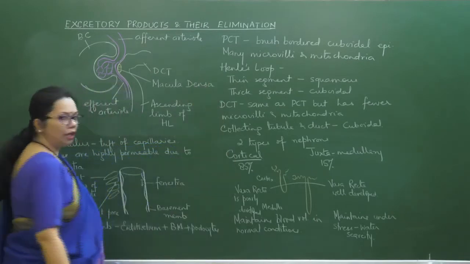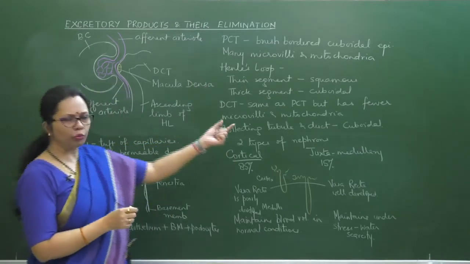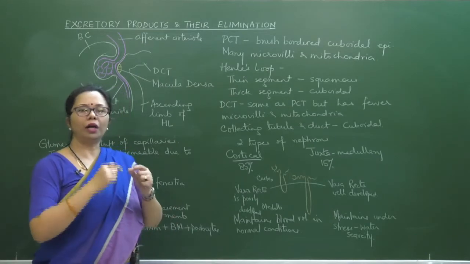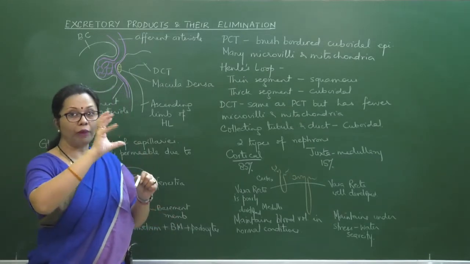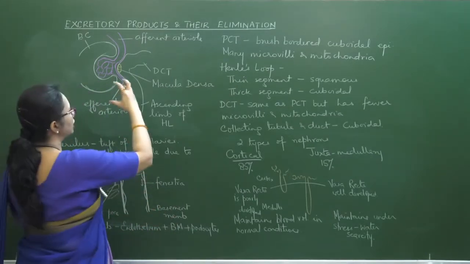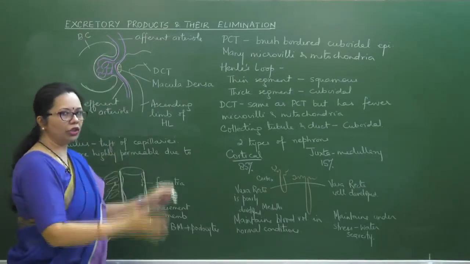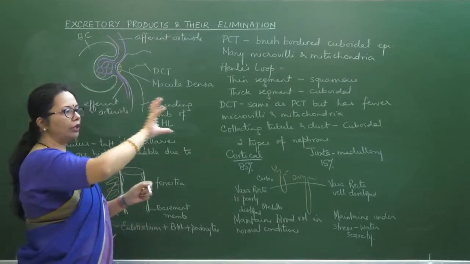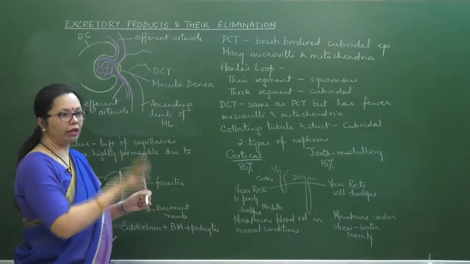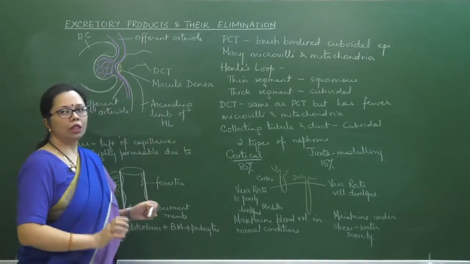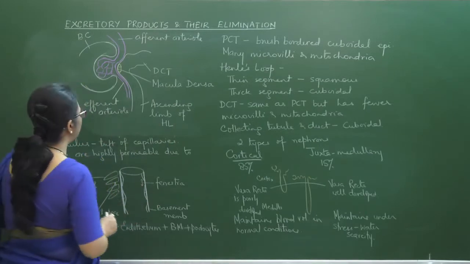Macula densa. Now macula densa cells are cuboidal cells, but together they form a spot, as macula means a spot. Suppose you are standing inside the duct, which is a cylinder, on that cylinder you can imagine a spot, the spot which is towards the glomerulus, that is macula densa.